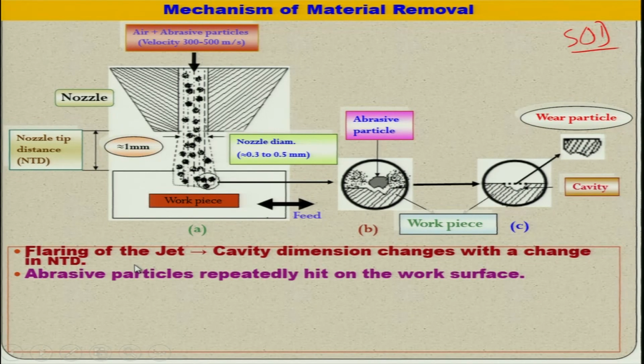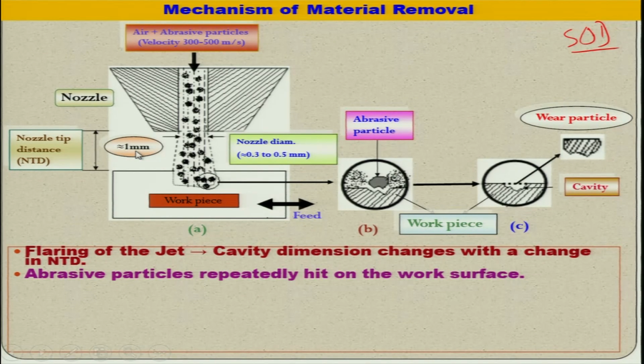Then you have the flaring of the jet. As I will show you later, in the next slide also, as this standoff distance increases, the jet gets flared off. That means the size of the cavity will keep changing as you change the standoff distance, and for accurate machining you should keep a very low standoff distance.